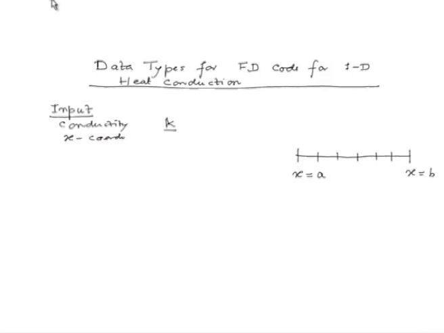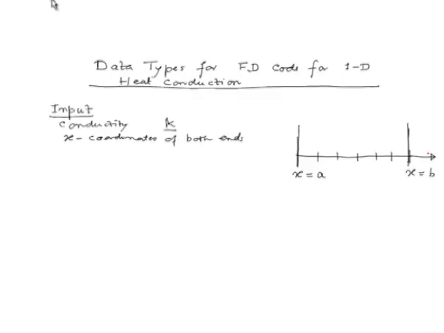X coordinates of both ends, like this 1D heat conduction we can think of as it we are dealing with heat conduction across a slab. One end is given by the x coordinate x is equal to A, and other end is given by x coordinate x is equal to B, or in code let us use this prefix x is equal to xb.